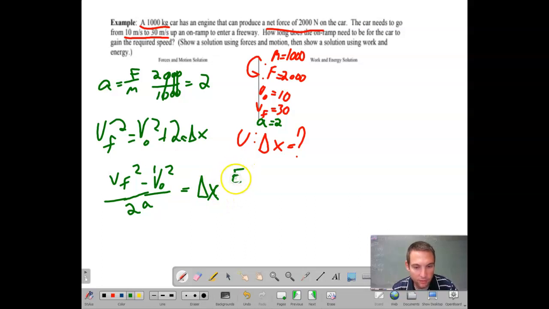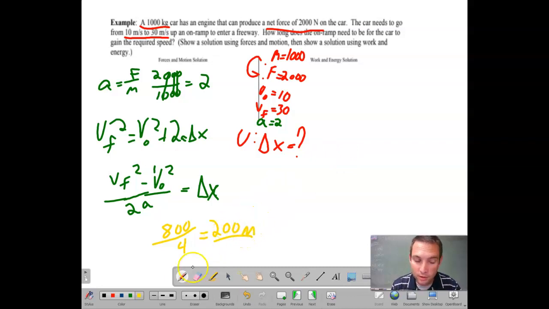This was the equation that we used, and it'll be different on the other side. Plugging all of that in, final velocity squared is 900 minus 100, so that gives me 800, divided by 2 times 2, which is 4, so the length of this ramp needs to be 200 meters. That's one way to do it. Let's check the other.